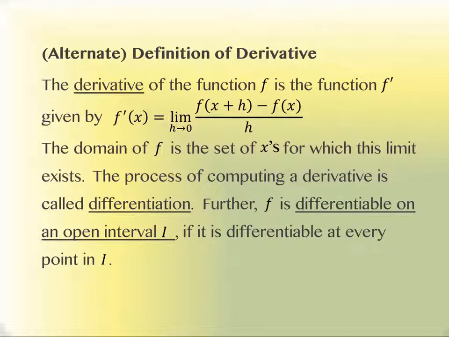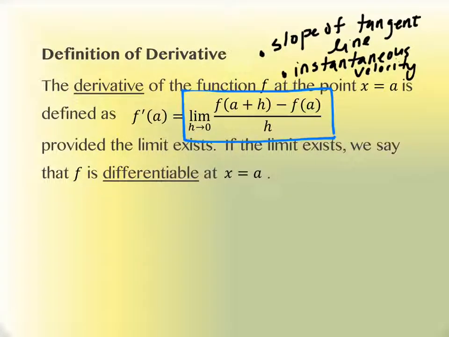Okay, the first definition was very specific about the location where we were finding the derivative. It was at a. a was a specific number. We were given a very specific piece of information, and we only cared about that one point.